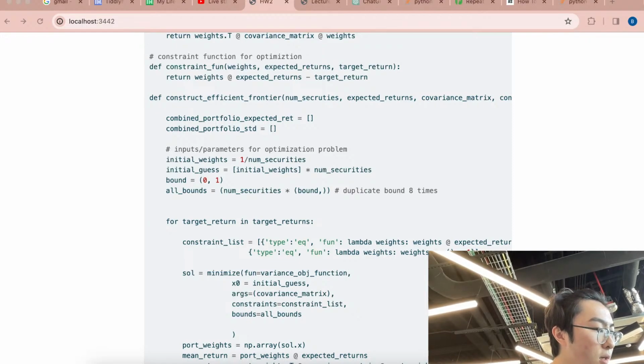Constraints is equal to, I think we do no short sell. Strings equal to short sell.